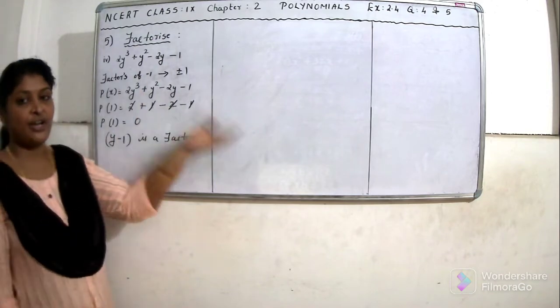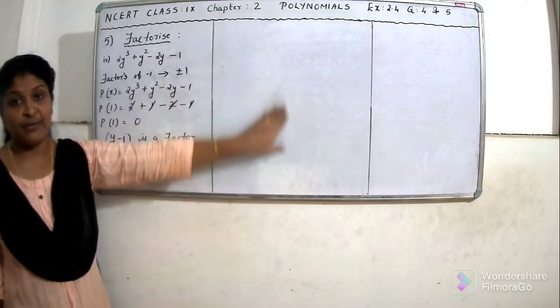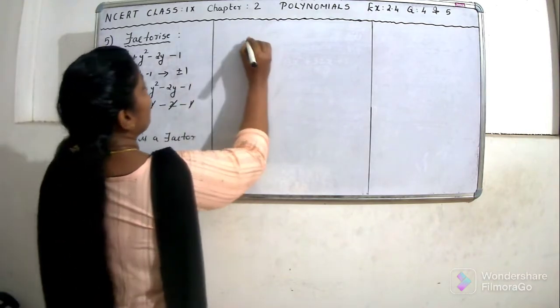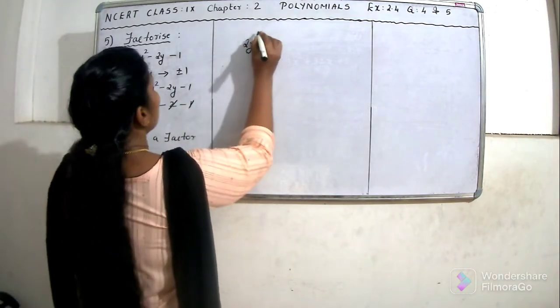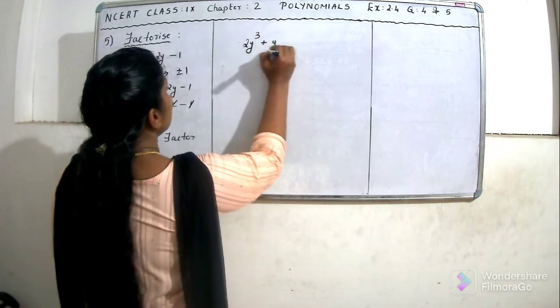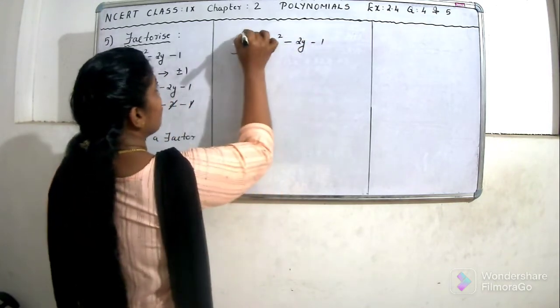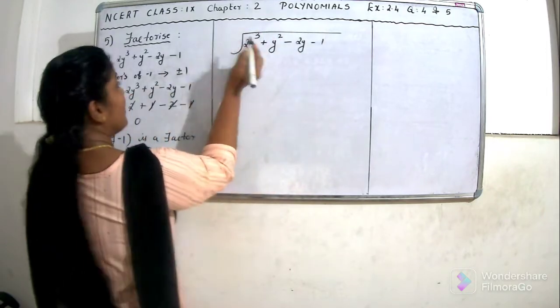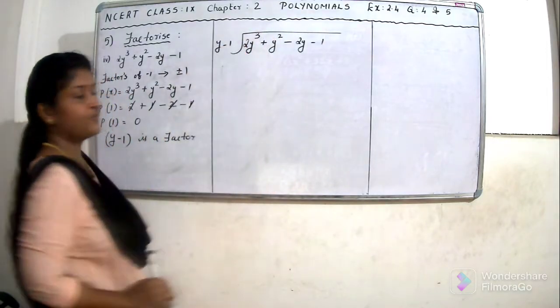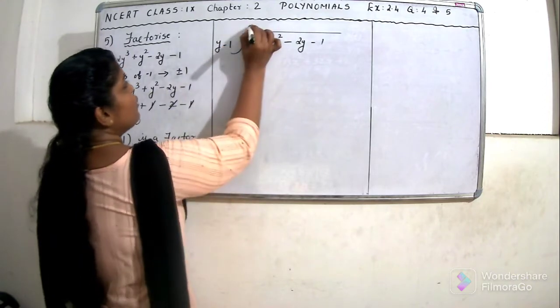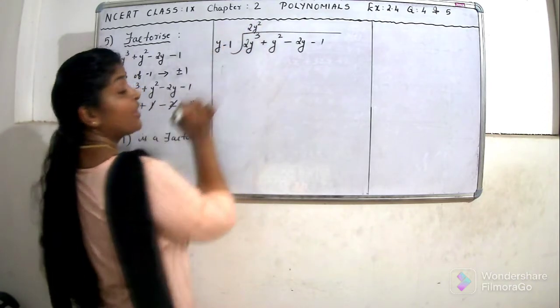Now we have to find out the other factor. For that we have to do the division process. So let us do that. 2y cube plus y square minus 2y minus 1, divided by y minus 1. Okay. So which value we have to take? 2y square we have to take.